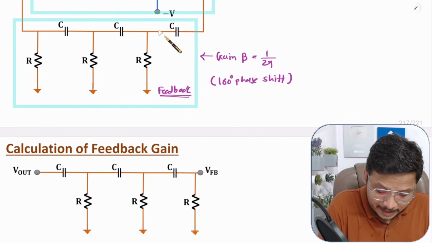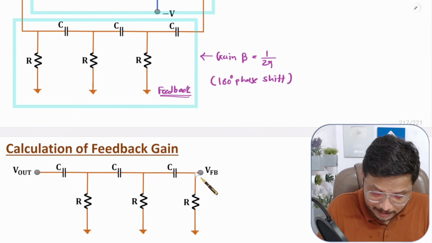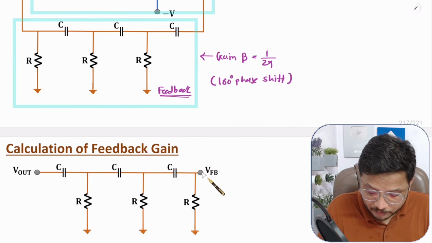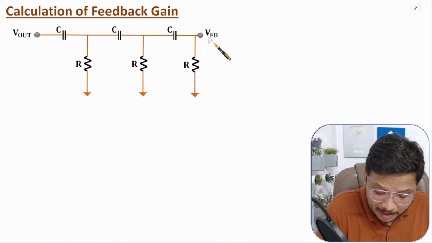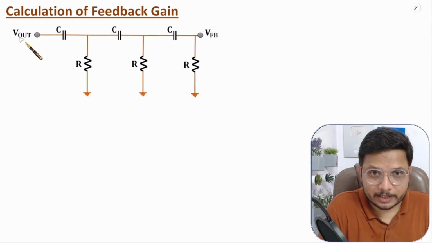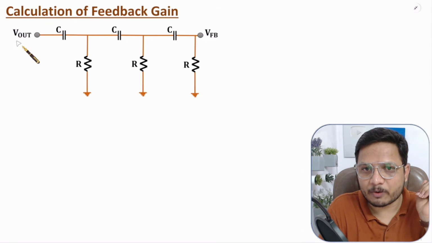So here we have a CR connection like this, and at this terminal we have feedback voltage. Our agenda is to calculate feedback voltage divided by V out voltage, and that will be 1 by 29, which I'm going to derive here.